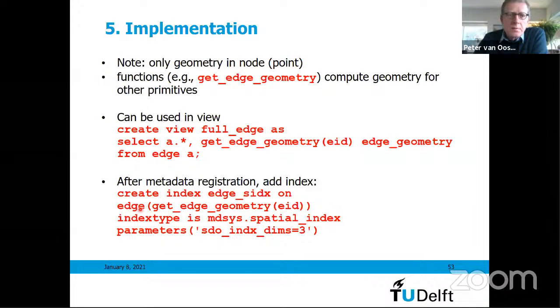The index is defined on the function, and on this value the index is created. There are then some parameters of the index. So even if the geometry is not there, it is being indexed.